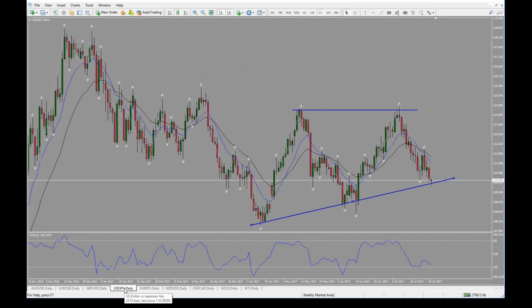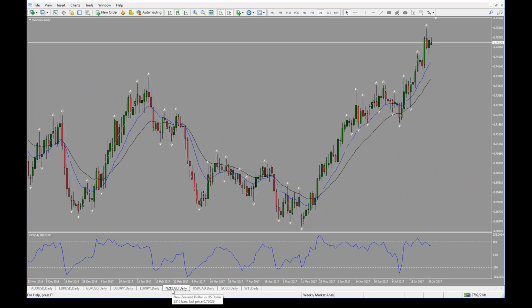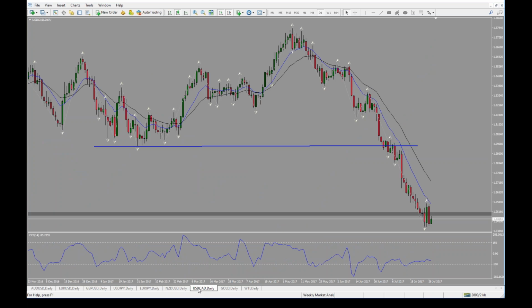USD yen is probably the best chart this week. We are at a possible support line that we may have to move around a little bit, so we're starting to look for price action to see if we get a setup. Okay, Euro yen, nothing.